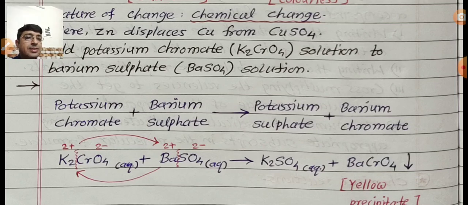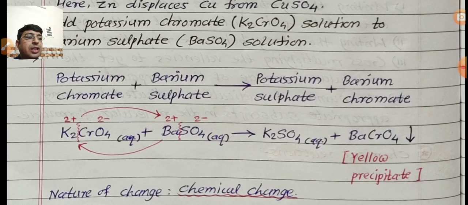All the valencies of the atoms or polyatomic radicals are shown by red pen, 2 plus, 2 minus. Then potassium and barium change their positions. New products are formed: K2SO4, potassium sulfate, plus barium chromate, showing the downward arrow.